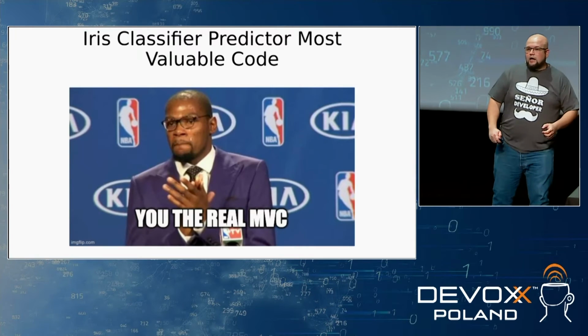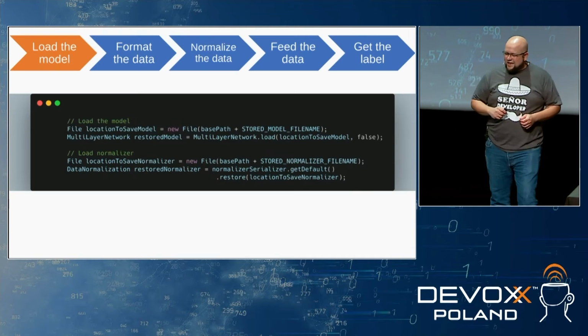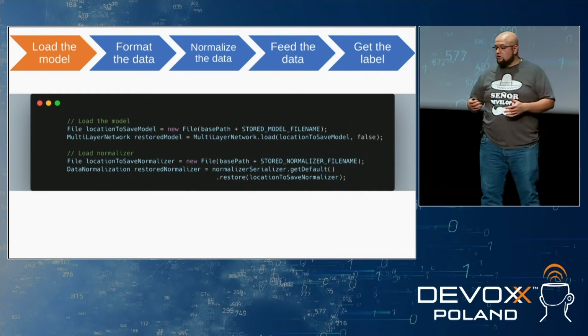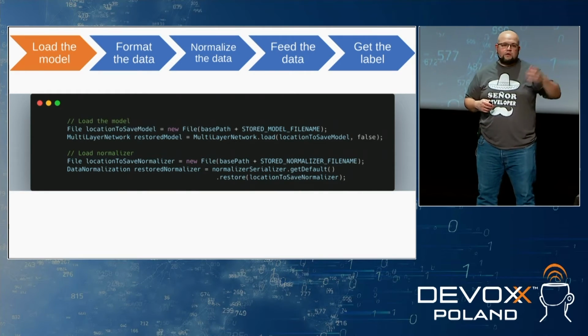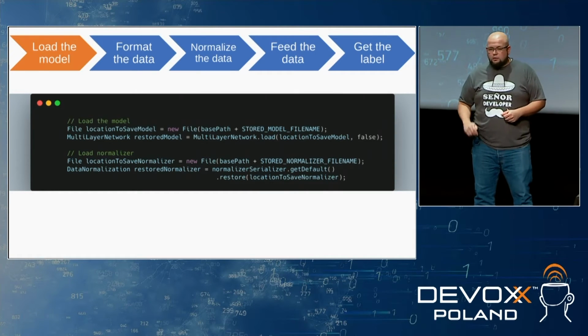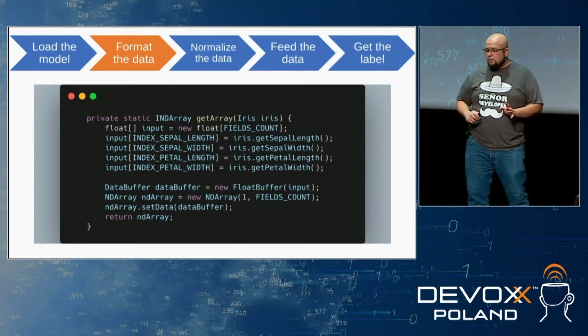So let's look at the most valuable code. So here, we'll load the model. We just load it from the same file where we stored it in the previous step. And then we also load the normalizer. Now we have them in memory. Then we format the data.